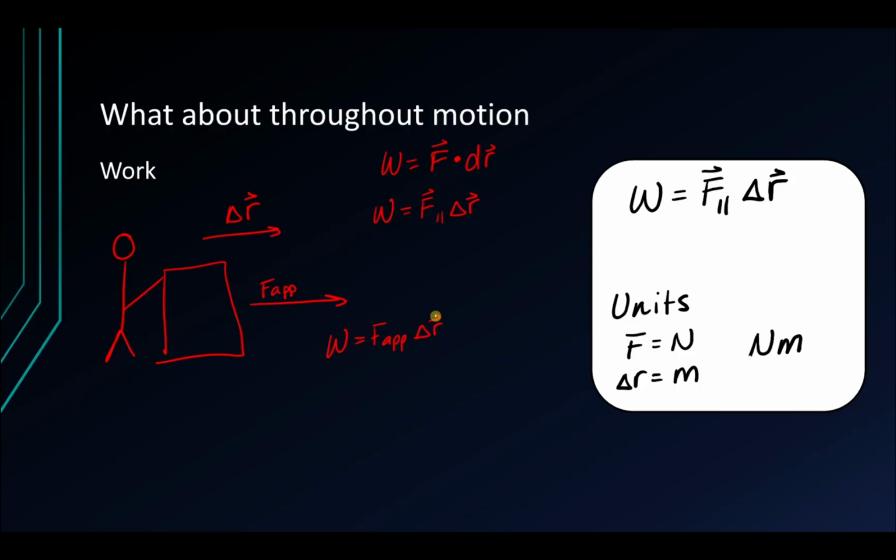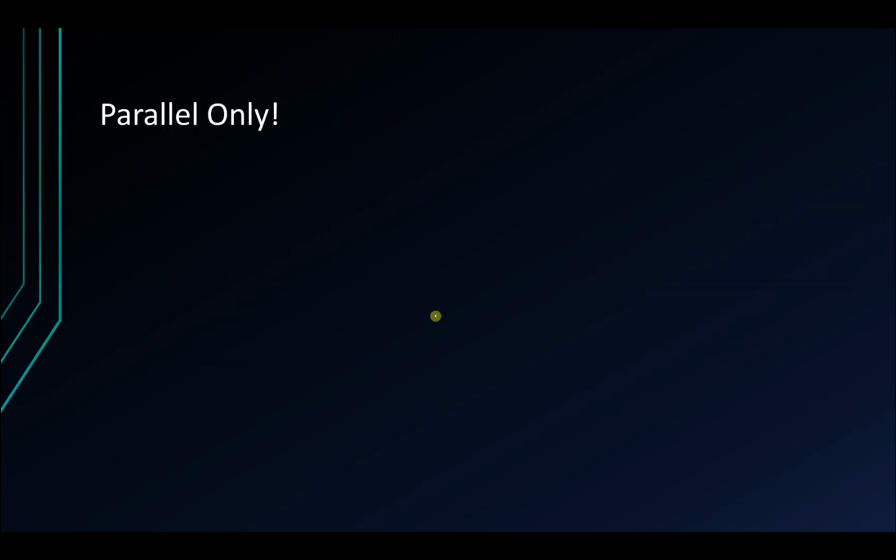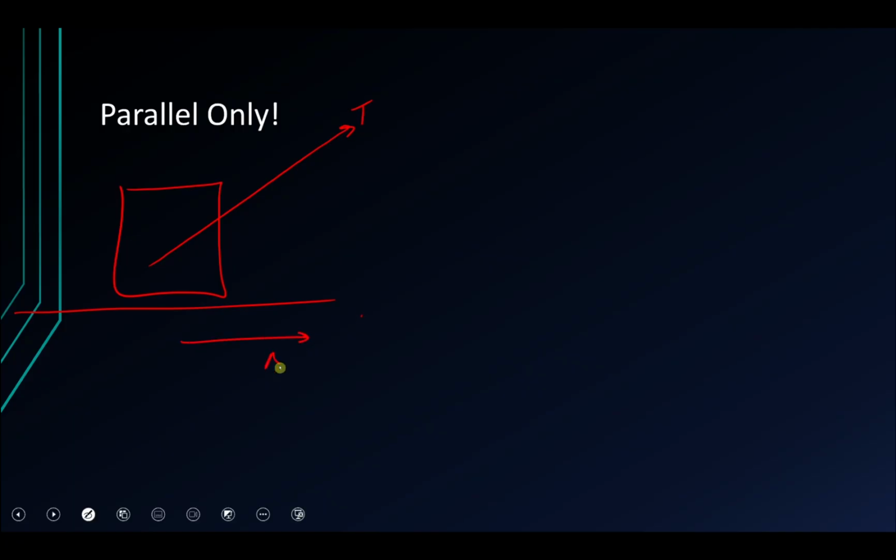So work is just telling us that a force is being applied and it is causing an object to move some distance. So why do we want the parallel component only? Well, if we consider a block sitting on a surface, and let's say there is a tension force applied, and this block moves in the positive x direction, right?